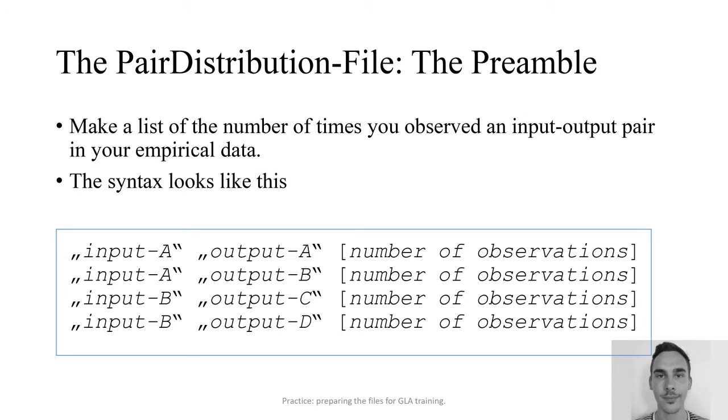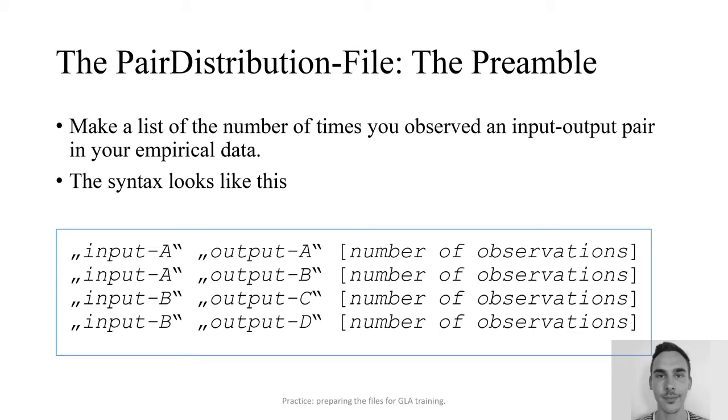Now you can start writing the core information of your pair distribution file. You indicate every input-output mapping from your empirical data in the syntax I provided below. First, you put the underlying representation in quotes and then the associated output form in quotes. After that, you put a number that indicates how often you encountered this kind of mapping in your data.